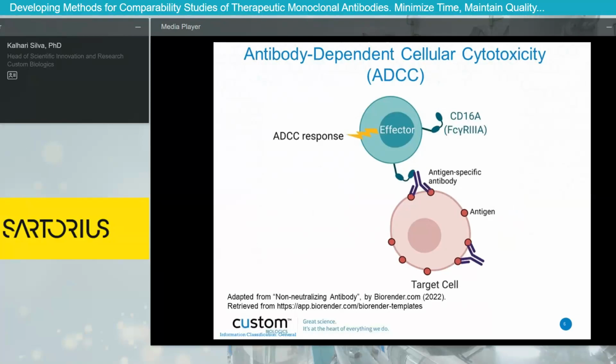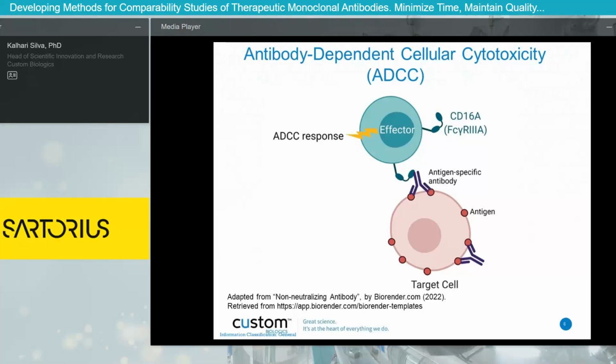This is because of the induction of a phenomenon known as antibody-dependent cellular cytotoxicity. ADCC is a mechanism of action of antibodies through which virus-infected or diseased cells are targeted for destruction by components of the cell-mediated immune system, for example the natural killer cells, here depicted as the effector cells.